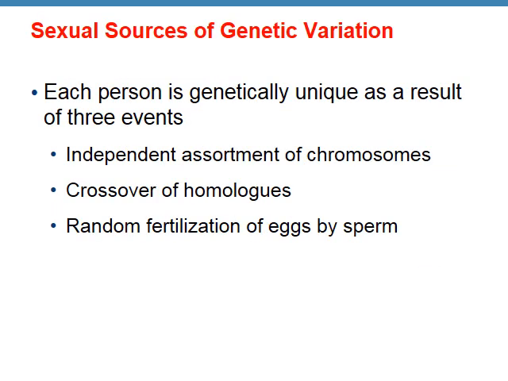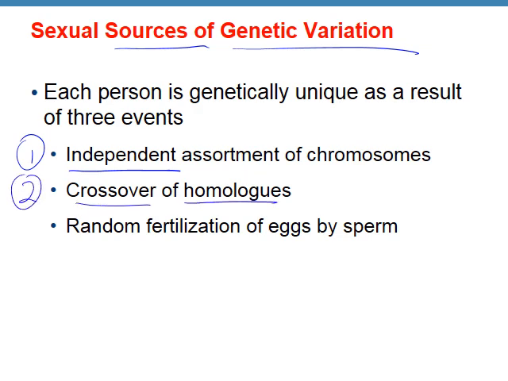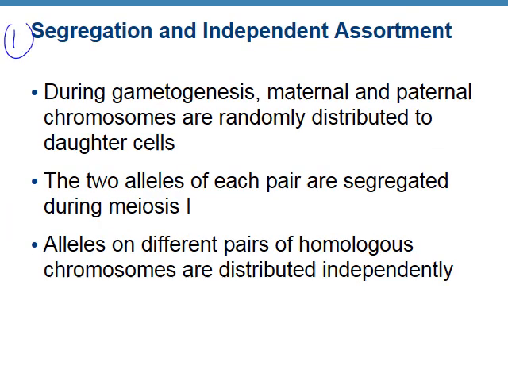Here I have listed the three sources of genetic variation. So we're going to talk about independent assortment of chromosomes. We're going to talk about crossing over of homologs, homologous pairs, and then we're going to talk about the random fertilization. And all of these introduce genetic variation into our offspring. First thing we're going to talk about is segregation and independent assortment.